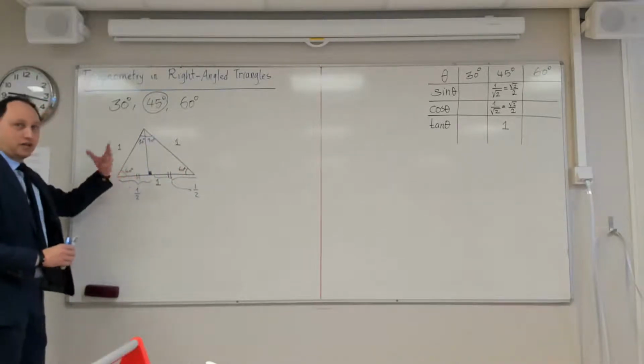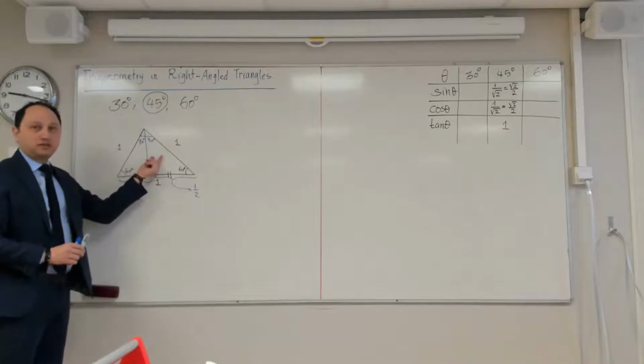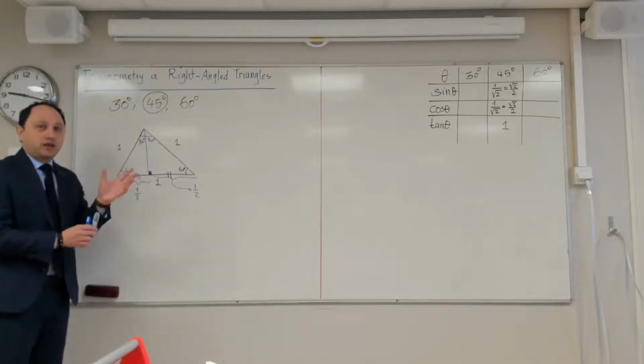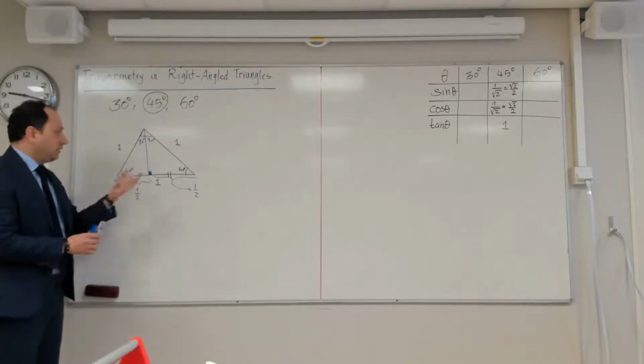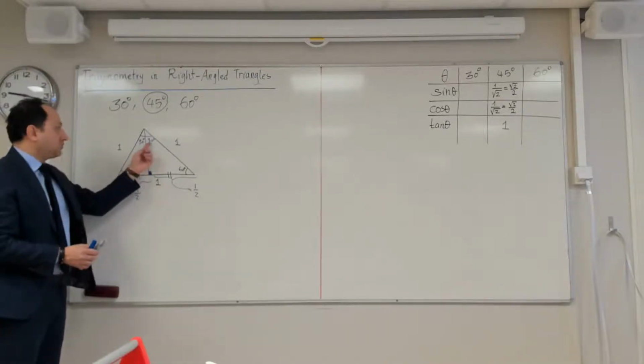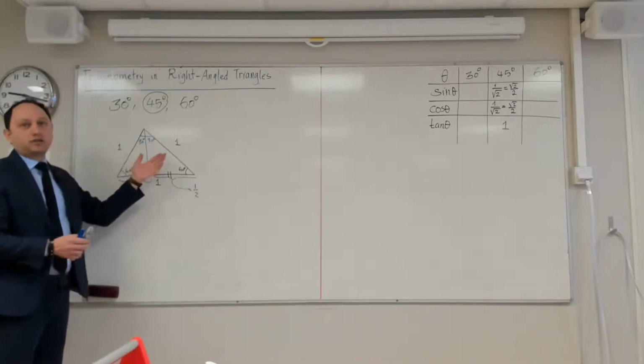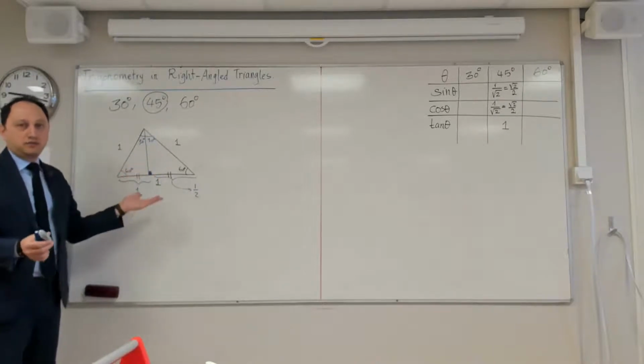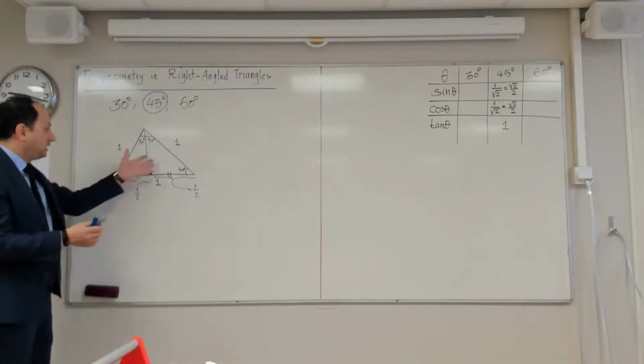So that was a very nice way, because it doesn't matter which right angle triangle I am choosing. If I have a right angle triangle, any of them, that one of the angles is 30, I can talk about sine, cosine, tangent of 30. And this is the way that we describe it.